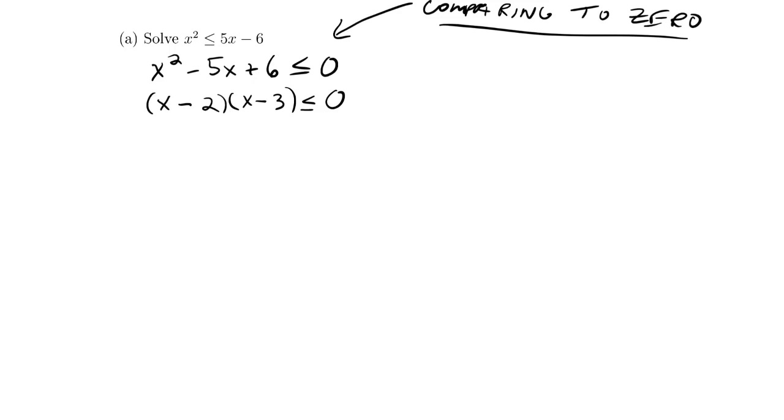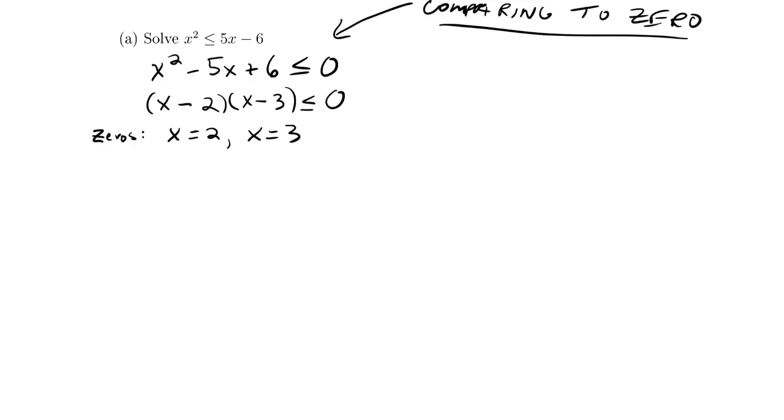Okay, so I have x minus 2 times x minus 3 is less than or equal to 0. So the zeros here would come from each of these terms being 0. So x equals 2 and x equals 3. Those are the solutions to this thing equal to 0.